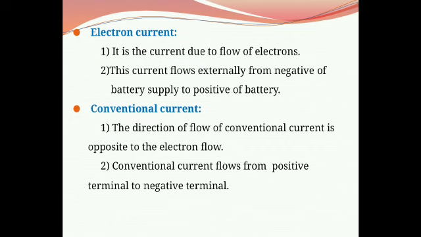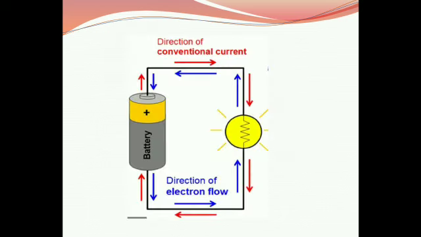And the second current is conventional current. The direction of flow of conventional current is opposite to the electron flow of current. That means it is opposite to electron current. As we saw, the direction of electron current is from the negative of the battery supply to the positive of the battery supply, and therefore the direction of conventional current is from the positive terminal to the negative terminal.